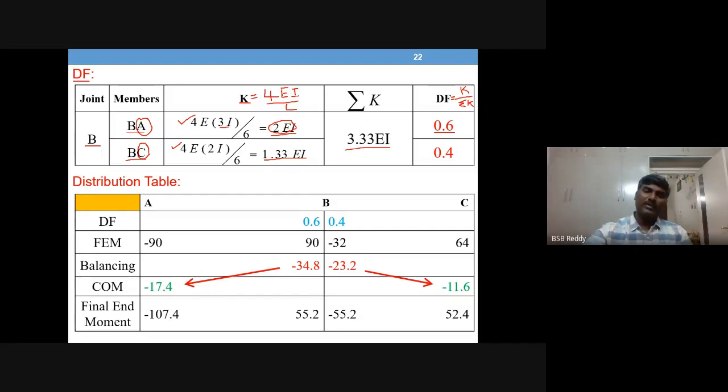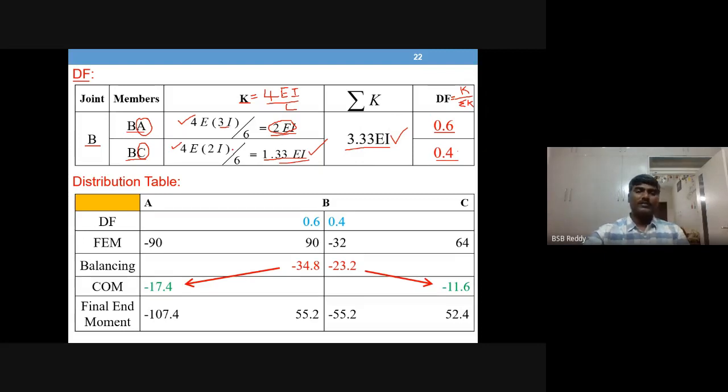Same way for BC, the distribution factor is 1.33 times EI divided by the sigma K, so 1.33 divided by 3.33 is 0.4. So step 2, the distribution factor table, must be completed. You have to calculate the distribution factor for all the members.